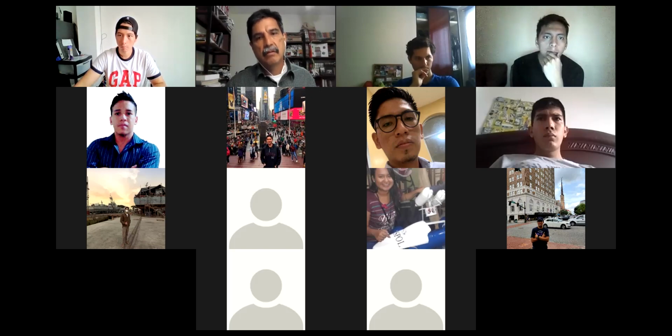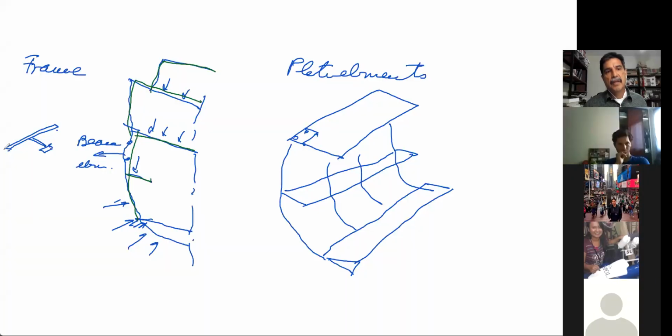In both, because from here to there, that's the spacing. This is the section for one beam. This is the spacing from here to there, and this is the spacing.